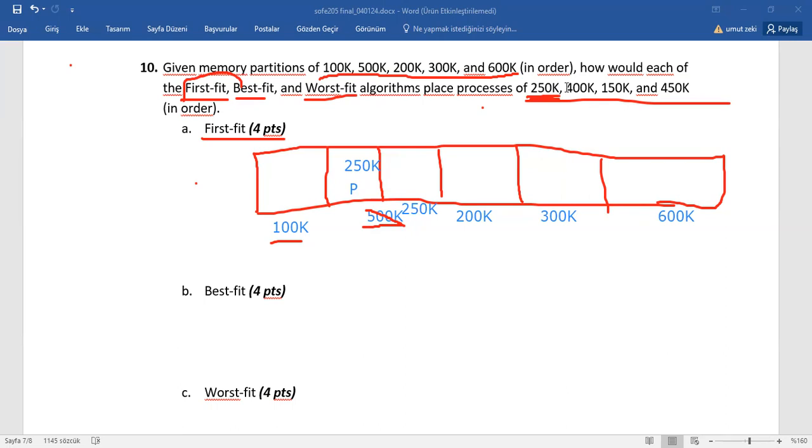Okay, the next one is 400K. It can't fit here, it can't fit here. It can fit only in the 600K place. So it will put 400K here. Is it 450 or 400?